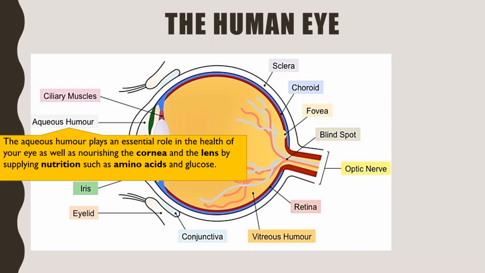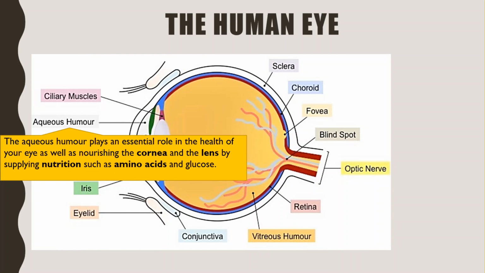So basically, what does it do? This aqueous humor is present in the front part of the human eye, which keeps your eyes moist all the time. So this moisture is very important. It supplies nutrition to your eyes. Sometimes you must have put your finger inside your eye by chance, and you must have seen that wetness on your fingertip.